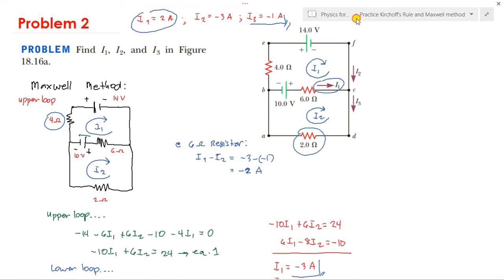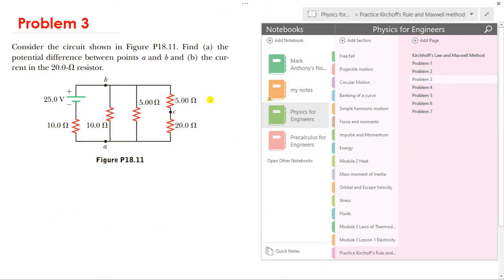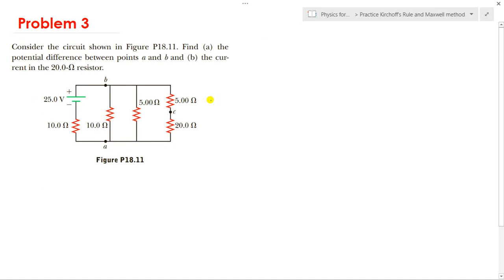Okay, if there are no more questions, let's proceed to problem number 3. Consider the circuit shown in figure 18.11. Find the potential difference between points A and B and the current in the 20 ohm resistor. Here, I will introduce Maxwell.